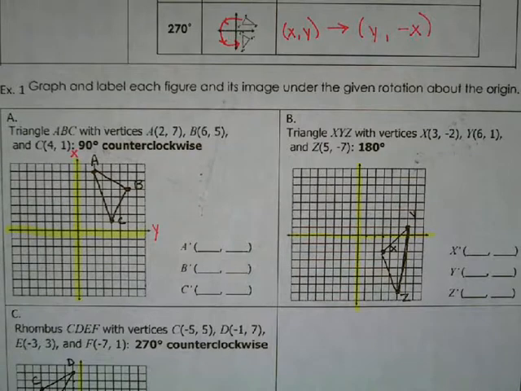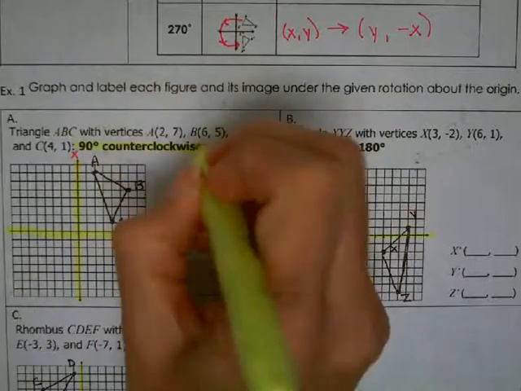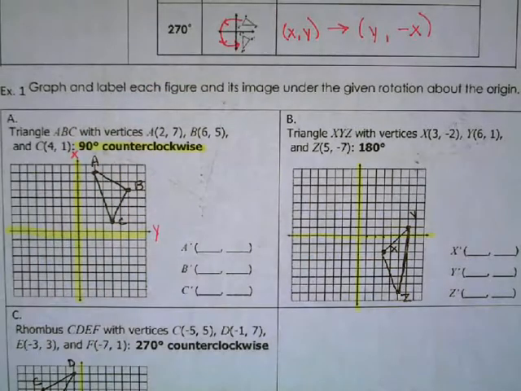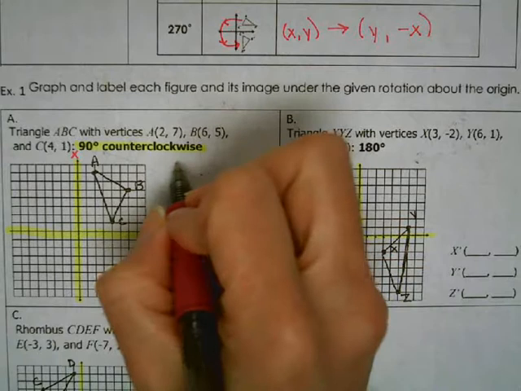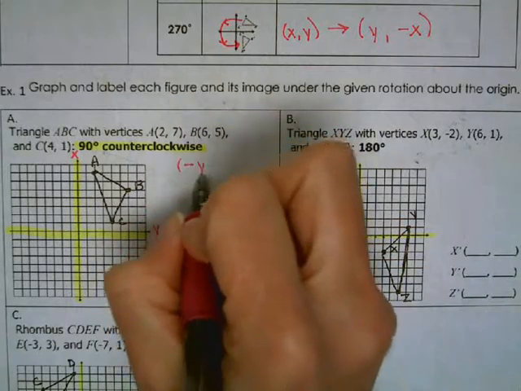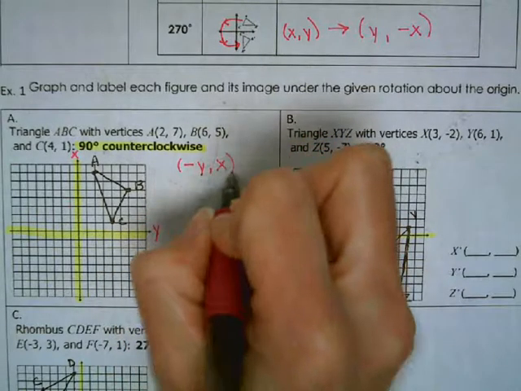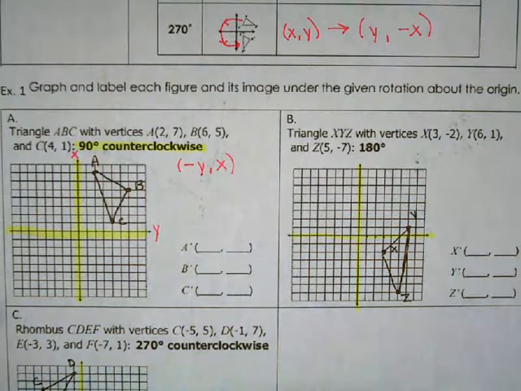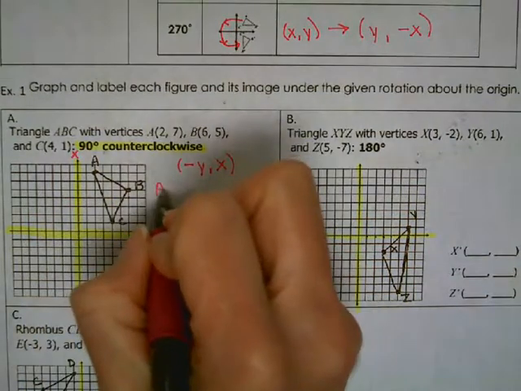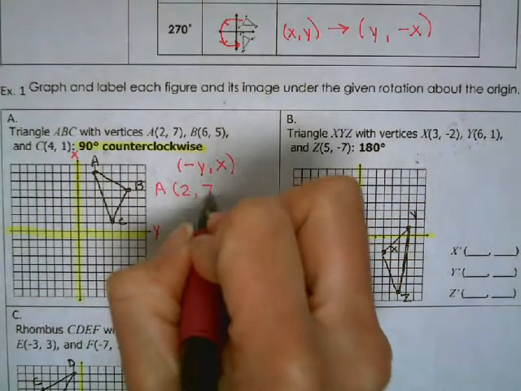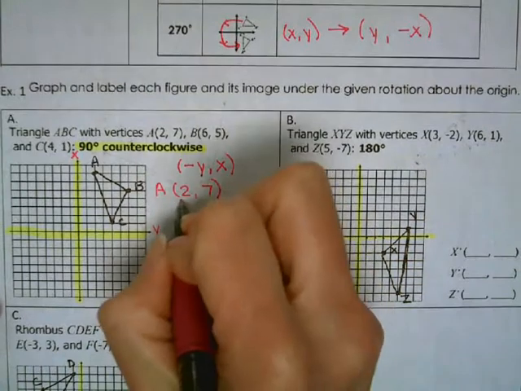So this one says 90 degrees counterclockwise. So the rule for counterclockwise, up at the top for 90 degrees, is opposite of y, comma, x. So we're going to look at the point A. Point A is the point 2, 7. Okay? This is your x. This is your y.